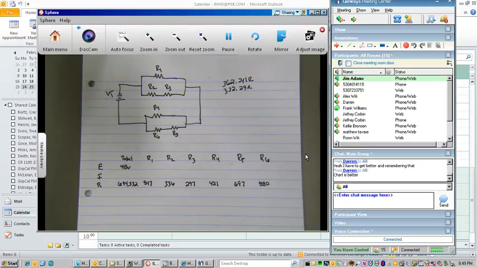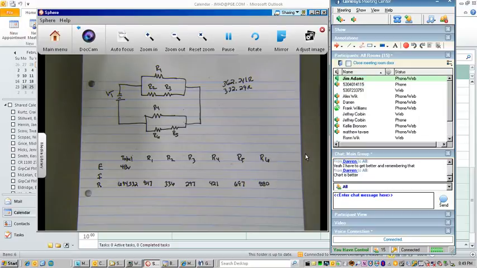That's 633 ohms in parallel with 847. So we'll take the reciprocal of that, 847, reciprocal of that, add them together. So this top branch here has a resistance of 362.264 ohms.